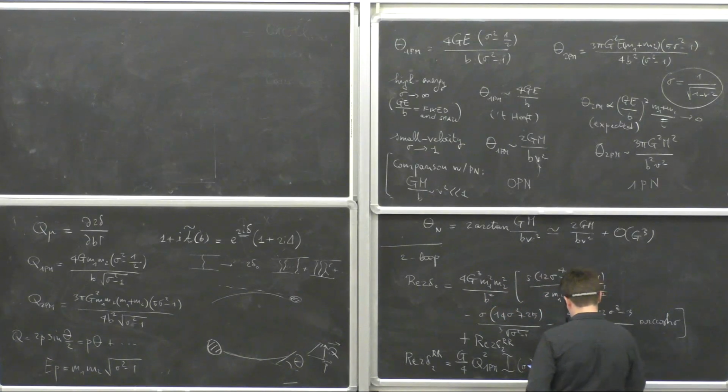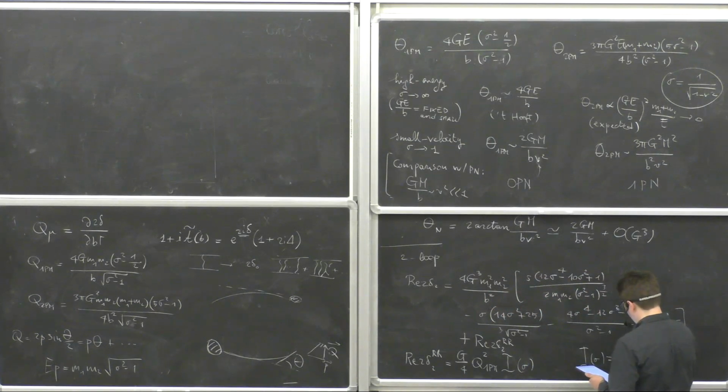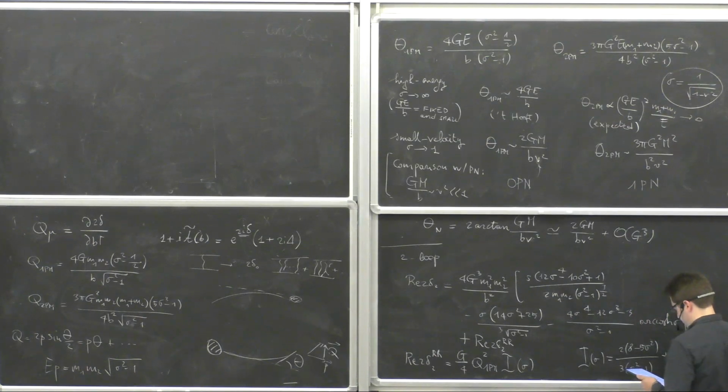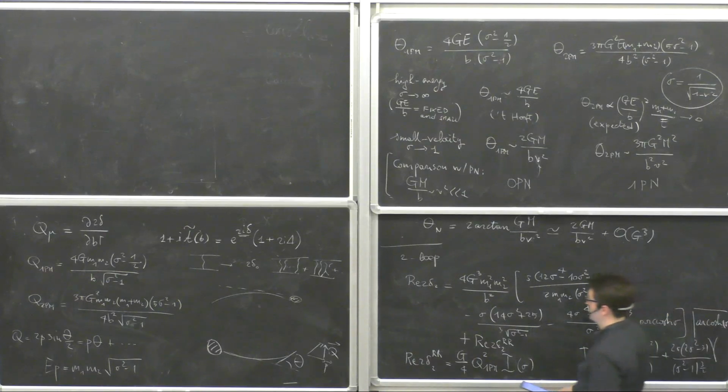Calligraphic I is this other function. That's the real part of the eikonal.